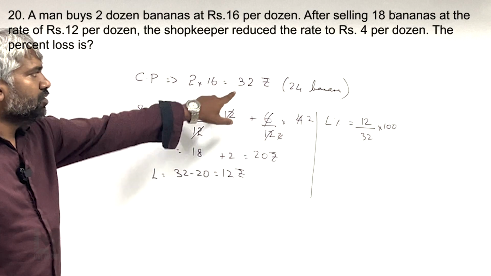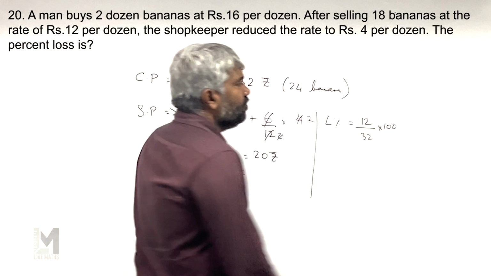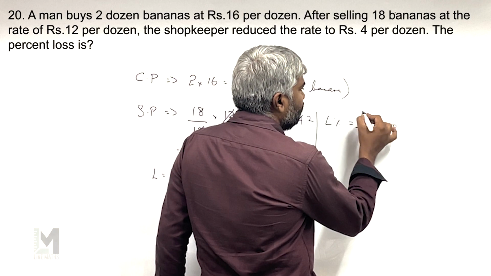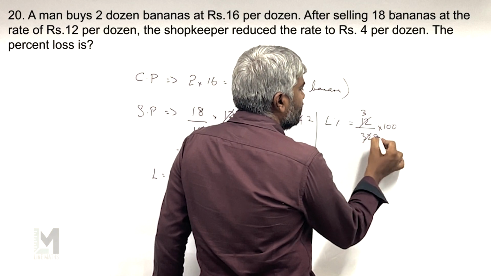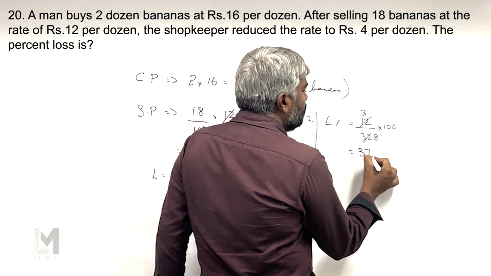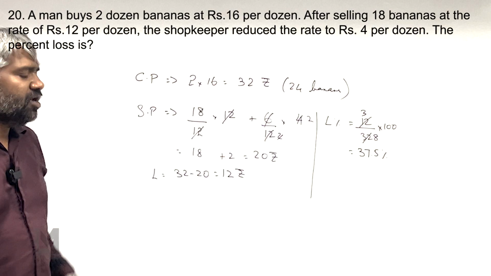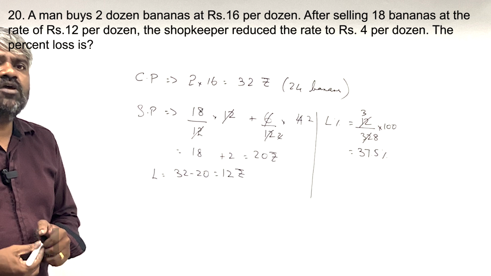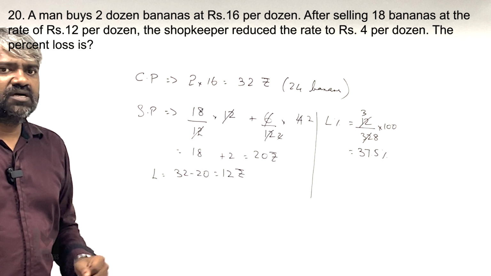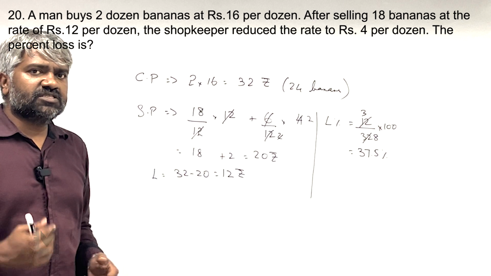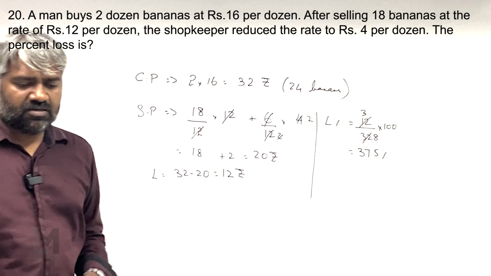Loss is 12 rupees, cost price is 32. We need to simplify it. Divide by 4: 3 times 8. If you simplify, you will get 37.5 percent as the loss faced while selling the 2 dozen bananas, right? I hope you are clear with this. Then we can move to the next question.